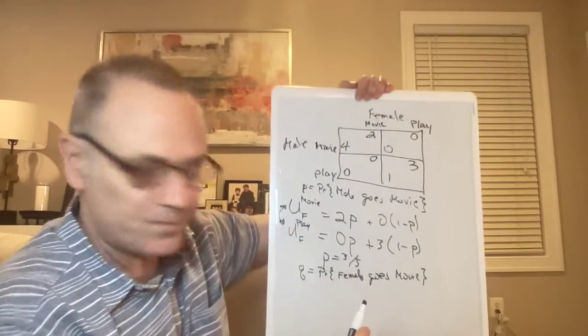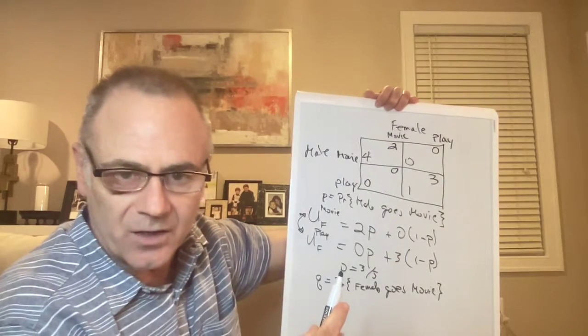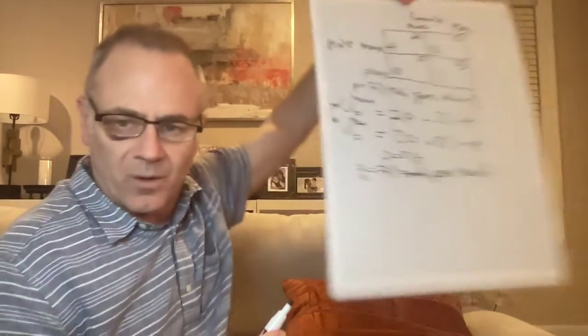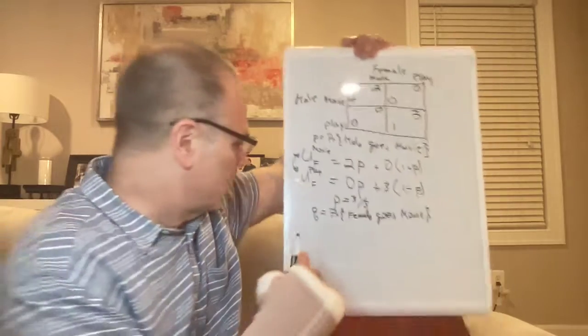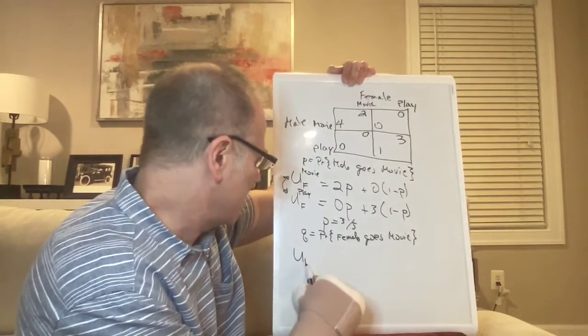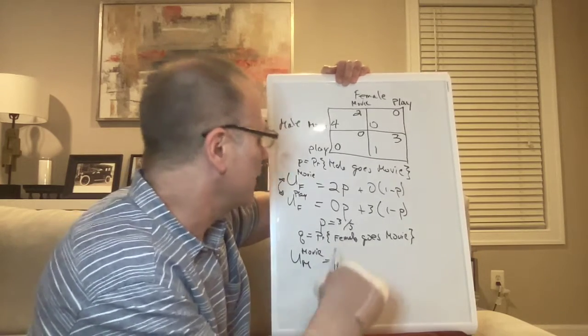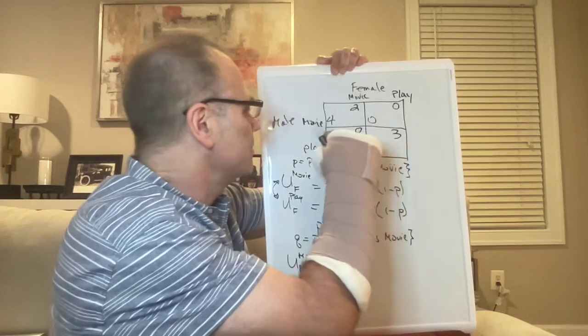Okay, now let's think about what Q must be. Let me adjust this a little bit so you can see the whole whiteboard. So what we must have is U male movie equals the male goes movie.